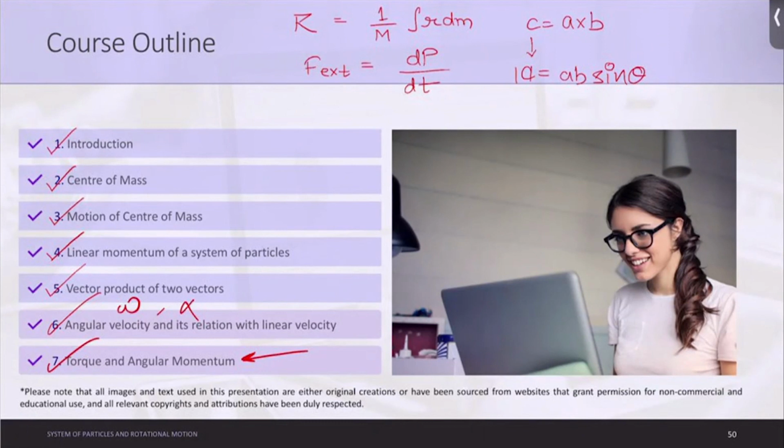And then finally, currently we are on the 7th subtopic, that is understanding torque and angular momentum of the system. In torque and angular momentum, first of all we understood torque, that is R cross F. Then we understood angular momentum, that is basically R cross P. We also understood the concept of conservation of angular momentum, which is analogous to F external equal to dp by dt, in which we understood that dL by dt is equal to tau external, and if this tau external value is equal to 0, then dL by dt would be equal to 0, and hence we can say that L is constant, or that the angular momentum is conserved.